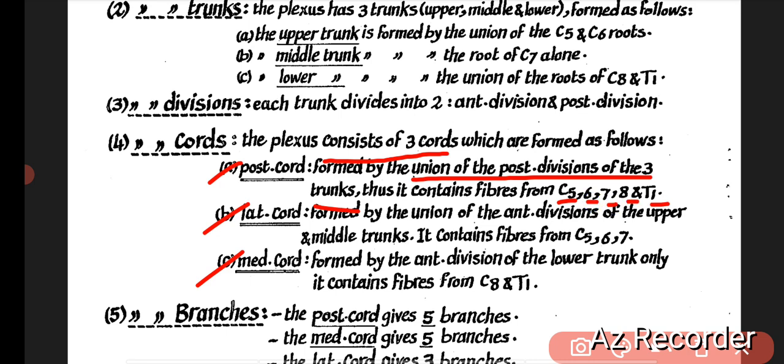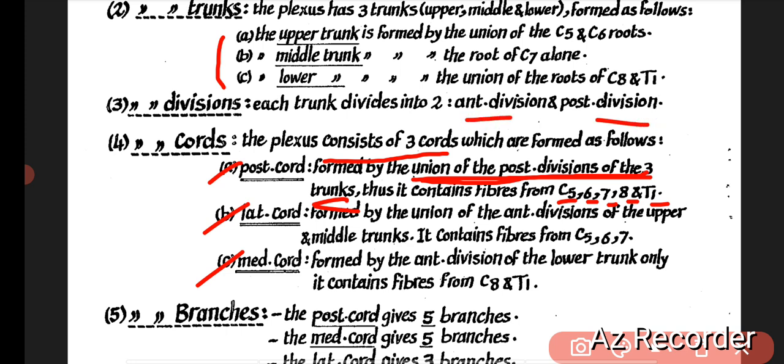So how is the posterior cord formed? By the union of the posterior divisions of all three trunks. Each of the upper, middle, and lower trunks divides into anterior and posterior division.